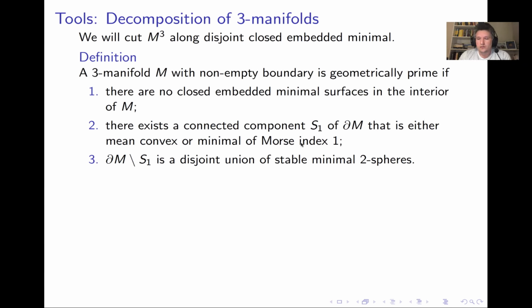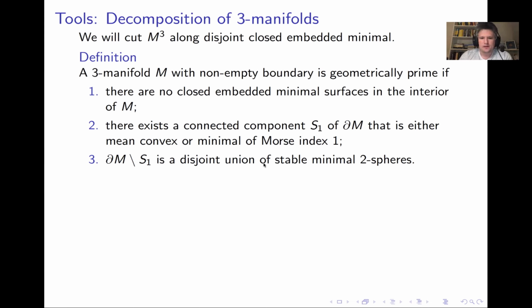There is one of them which is either mean convex or is a minimal surface of index 1. And all the other boundary components are stable minimal two-spheres. Okay, so a manifold with boundary, where all boundary components are stable minimal two-spheres, except maybe one, which is either a minimal surface of index 1 or a mean convex surface.